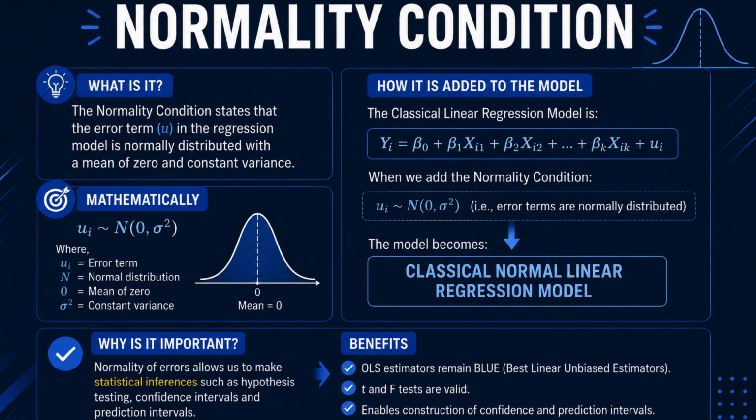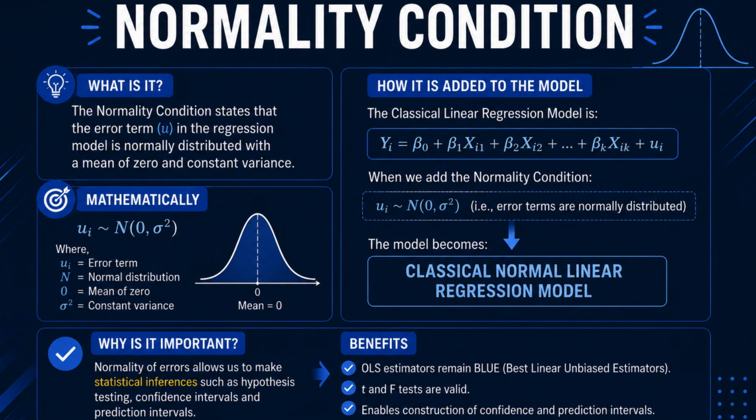This additional normality assumption gives us the classical normal linear regression model. We start with the classical linear regression model. Then we impose the assumption that the error term is normally distributed conditional on x. And the resulting model is called the classical normal linear regression model.